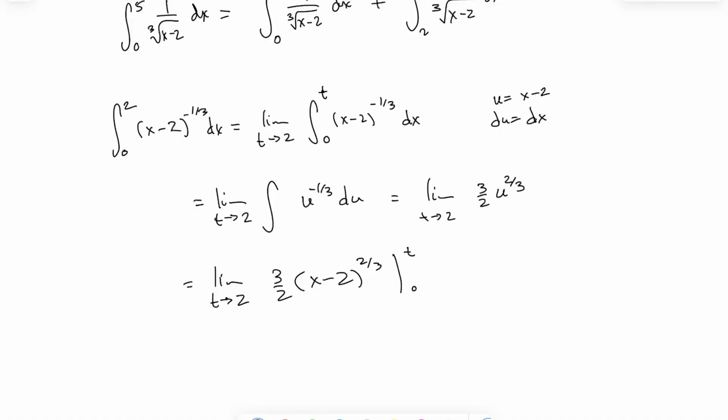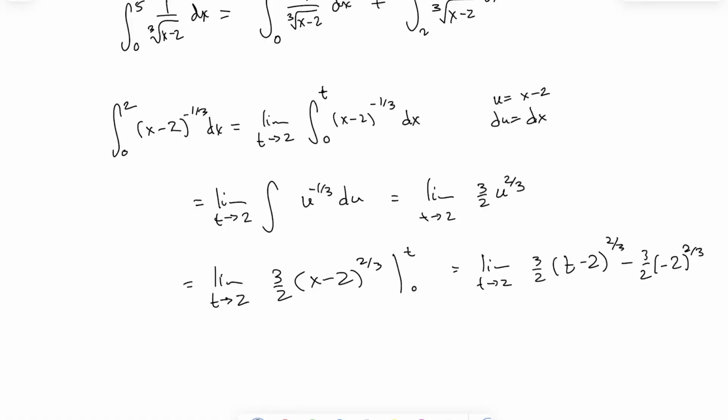Those are the values of x. All right, plug them in. So we get lim t goes to 2, 3/2 t minus 2 to the 2/3 minus 3/2 times 0 minus 2. That's just minus 2 to the 2/3.